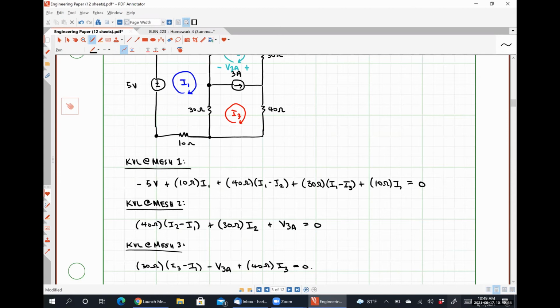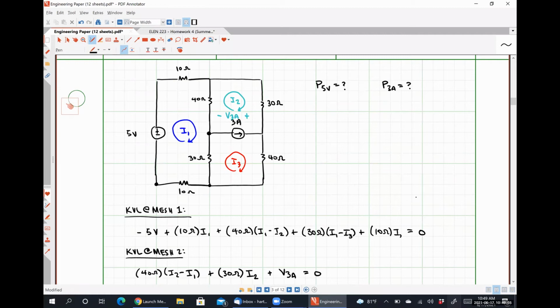So I'm going to do something similar to what I did with the concept of a supernode in the last class. Whenever I have an interior current source, meaning a current source on the inside of the circuit as opposed to the perimeter of the circuit, I am going to form what is called a super mesh. That means I'm going to create the smallest possible loop that contains that current source in the middle.